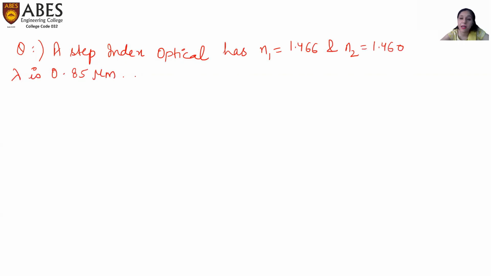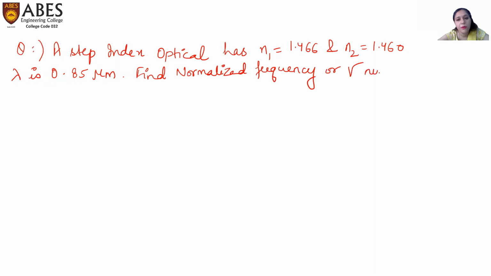Here in this case, we have to find the normalized frequency, which we also call the V number, and the number of modes the fiber supports.